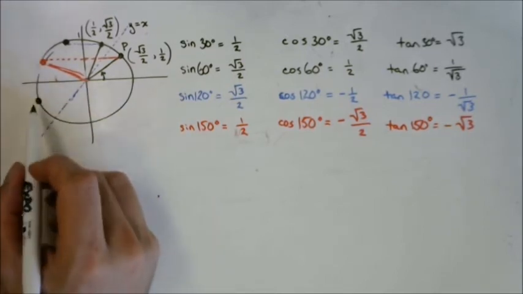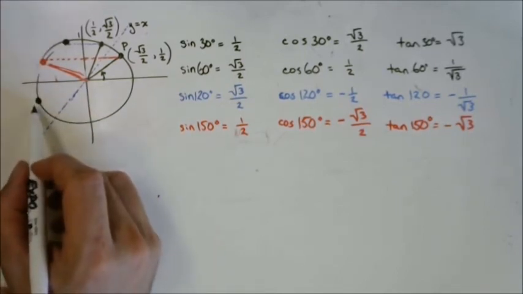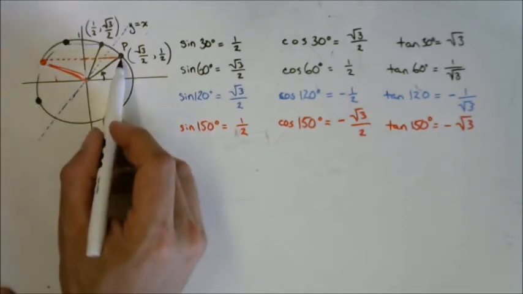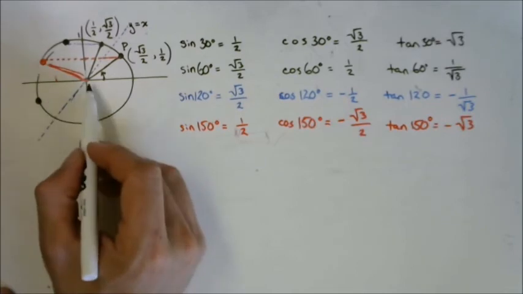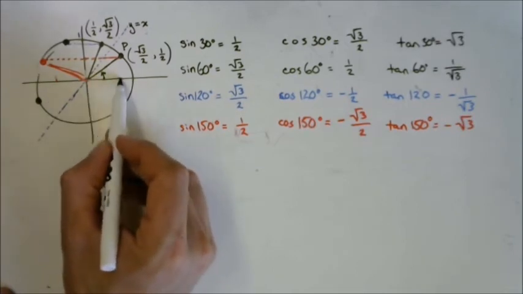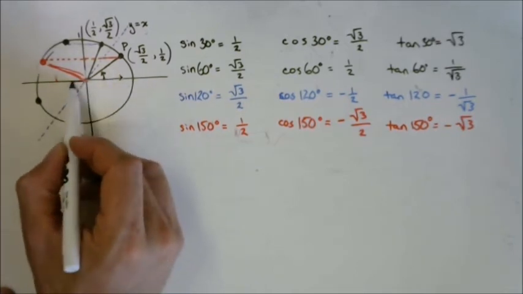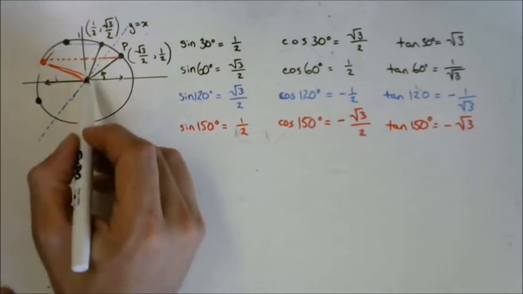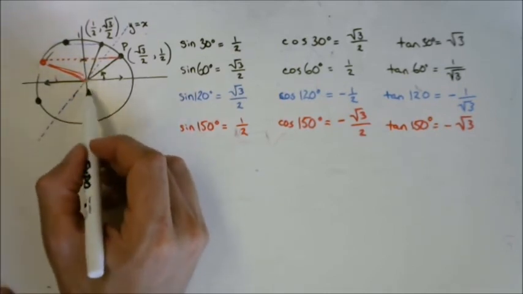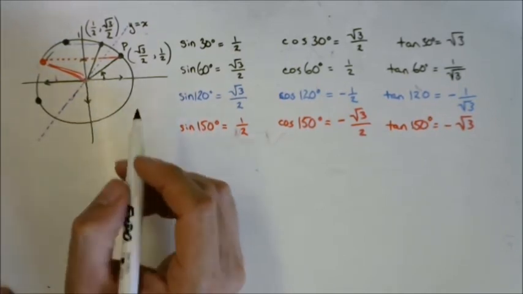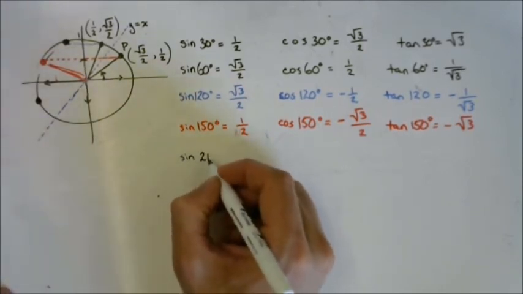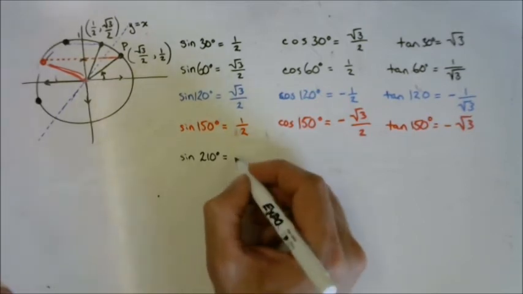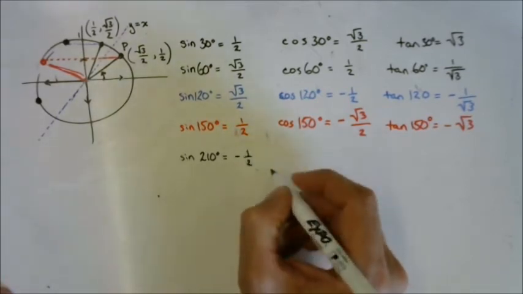So again, you can represent these. The coordinates here are going to be the same as the coordinates here, the numerical values, but they're both going to be negative, right? Instead of being positive this far along the x-axis, I'm going to be negative that distance. Instead of being positive y up to here, we're going to be negative y down to there. So the sine of 210 is negative 1/2.